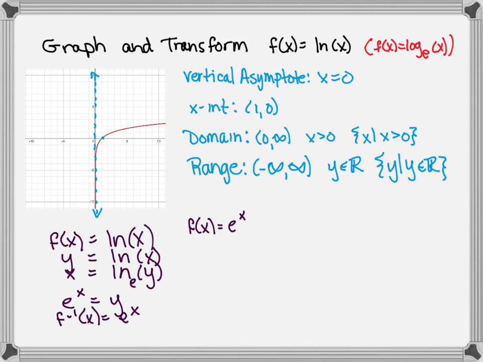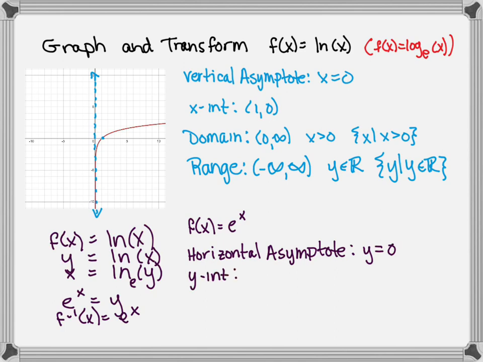And to remind you, f of x equals e to the x has the following attributes that are similar but different from the natural log function. It does not have a vertical asymptote. Instead, it has a horizontal asymptote at y equals 0. It does not have an x-intercept.